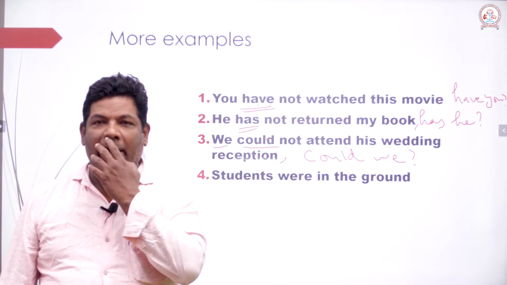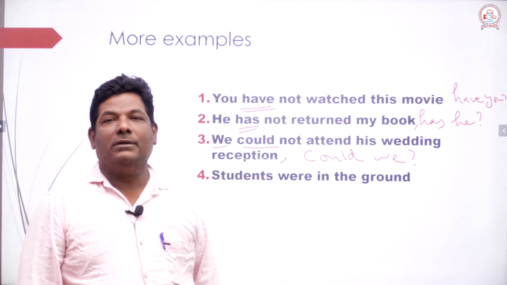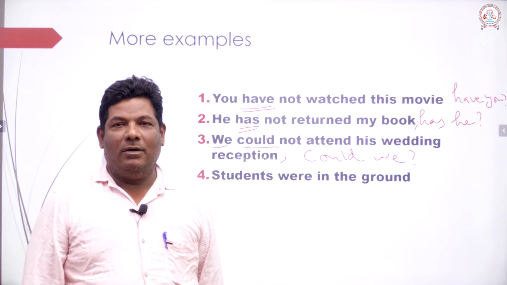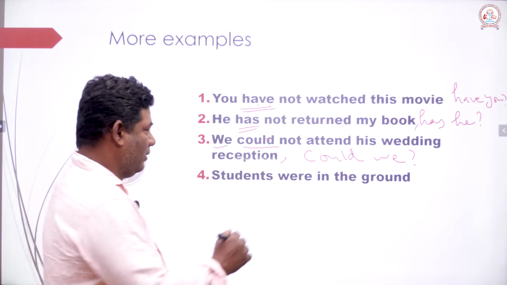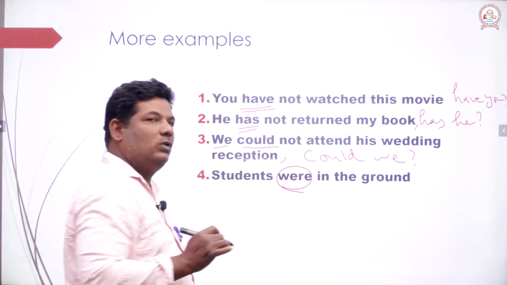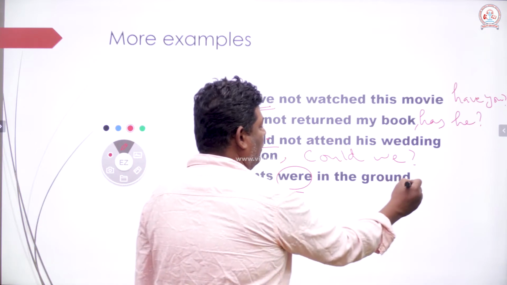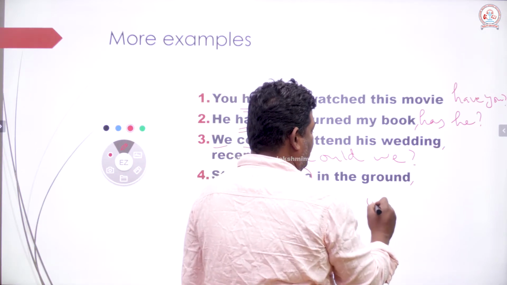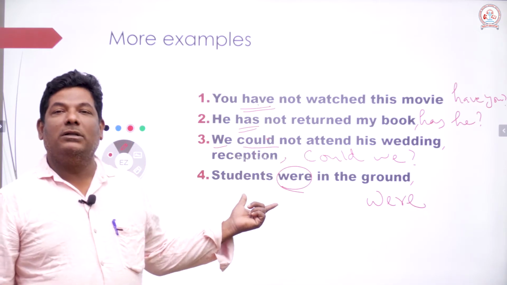Students were in the ground. So, what is the auxiliary verb given? Were. So, we must use were for writing the question tag. It is positive.